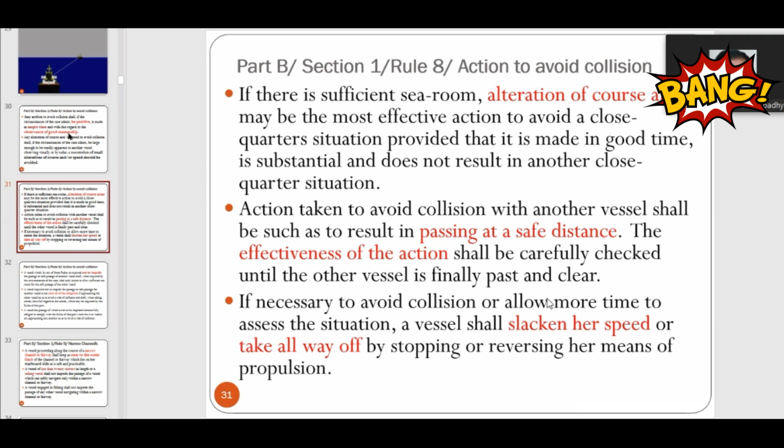Then by changing the range scale, you see on the long range scale that there might be a vessel which is not visible at the time. So you keep changing the range scale and seeing the traffic which may not be visible at that very moment due to the condition of visibility or whatever it is.